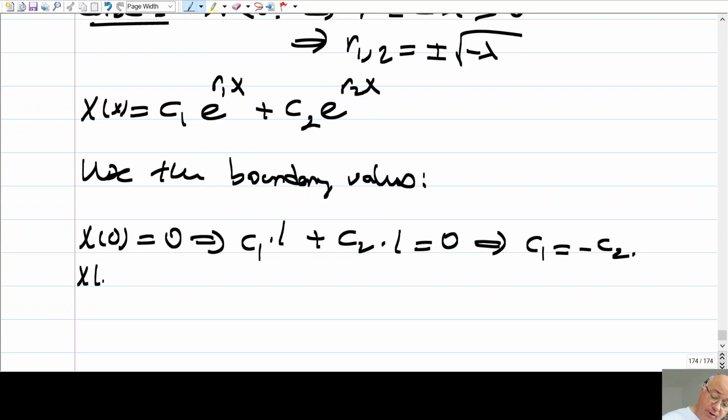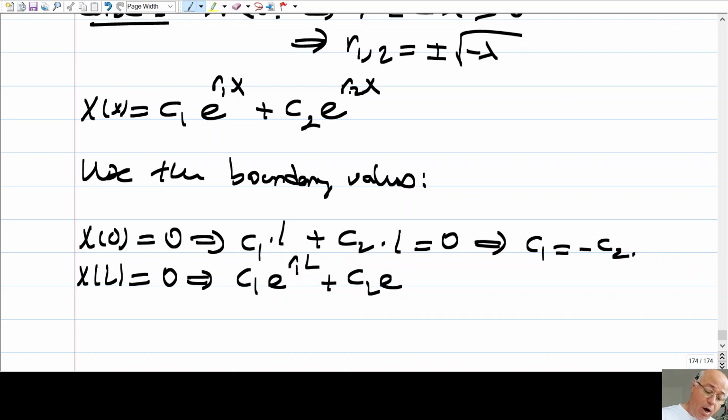And the other one is X of L is 0. So from this, we see that C1 times e to the power minus R1L plus C2 times e to the power R2L equals 0.